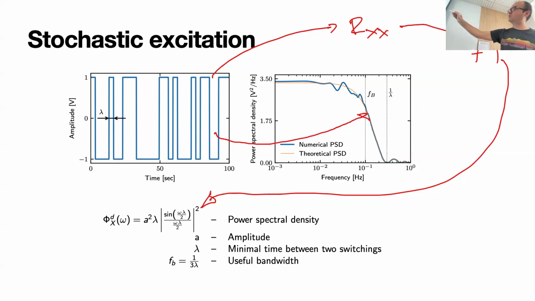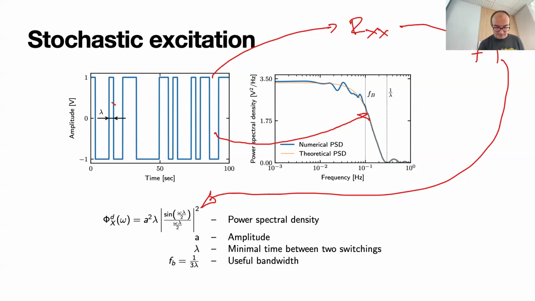And the orange one is its theoretical one. As you can see, the one that I generated here almost resembles the theoretical one. Why doesn't it resemble it ideally? Because I don't have an infinitely long signal. If I take an infinitely long signal, it will resemble it, but we don't have an infinite amount of time to do it. So that's why we make some errors, which are acceptable.